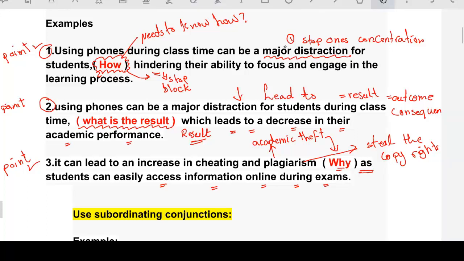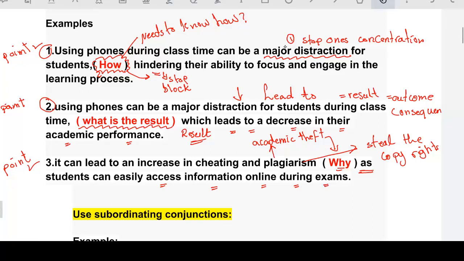So, don't forget these 3 points so that you can write a well-developed point, a fully explained point. Don't wait for the reader to ask you these questions.